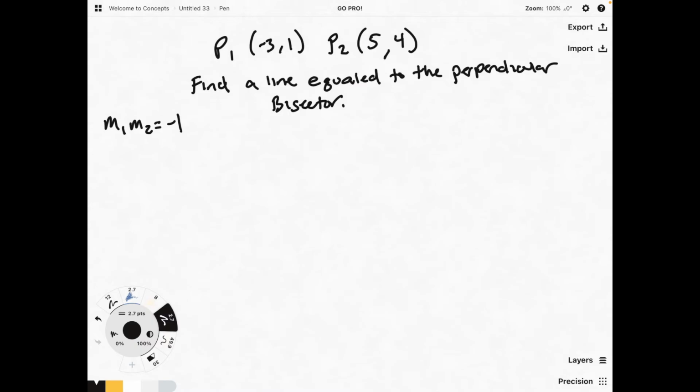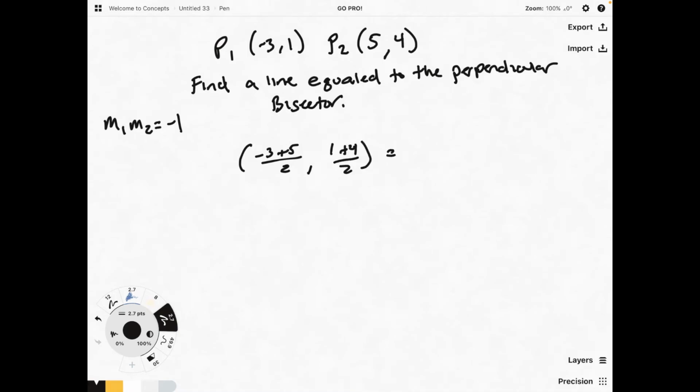This midpoint formula just states that you take the average of your x values and the average of your y values. So the midpoint is -3 plus 5 divided by 2, and we have 1 plus 4 divided by 2.